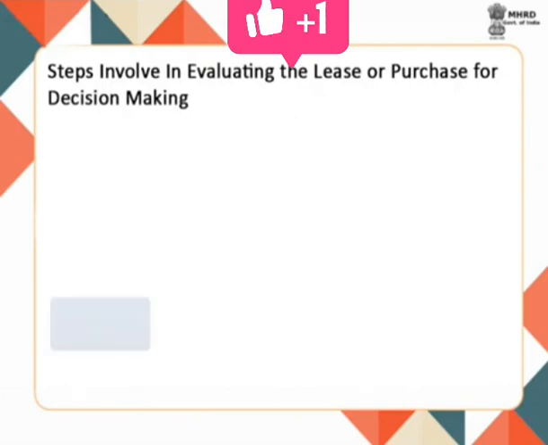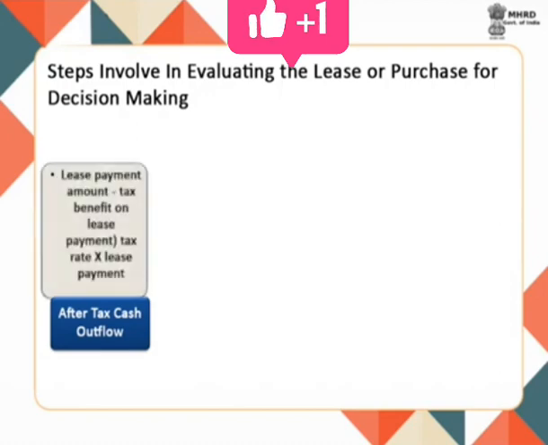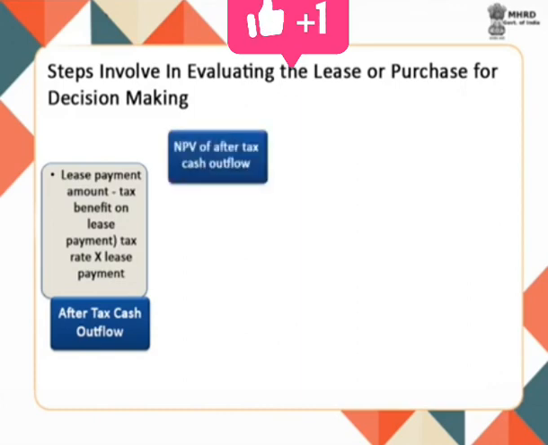Determine the after tax cash flow for each year under lease alternatives by using the formula: lease payment amount minus tax benefit on lease payment, which is tax rate multiplied by lease payment amount. 2. Determine the net present value of after tax cash outflow using after tax cost of capital.